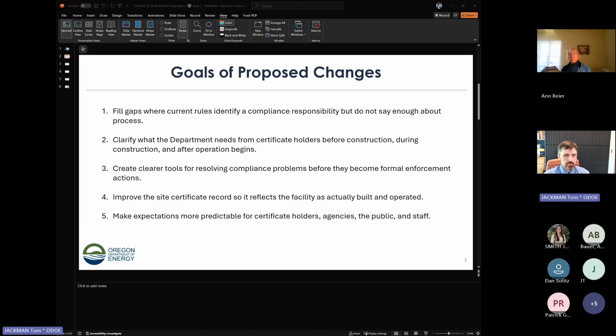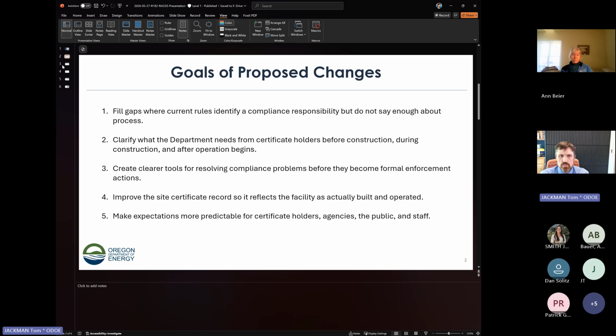That's also driving some of the changes we're suggesting here, because if we had done this rulemaking previously, we would have been asking staff to do things we didn't have the resources for, and asking developers to submit things we wouldn't have the resources to review, which is obviously a waste of time. So that's some background. Hopefully that helps you understand a little more about what we're trying to do.